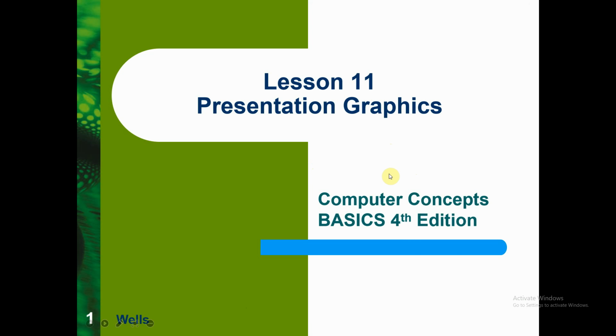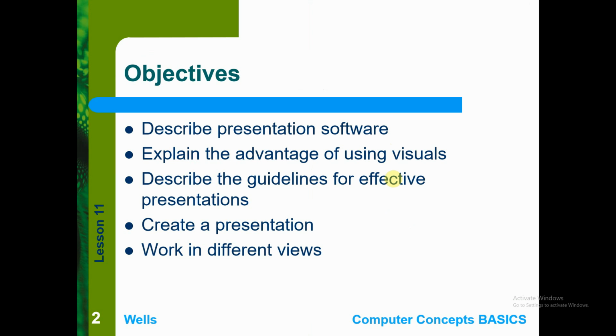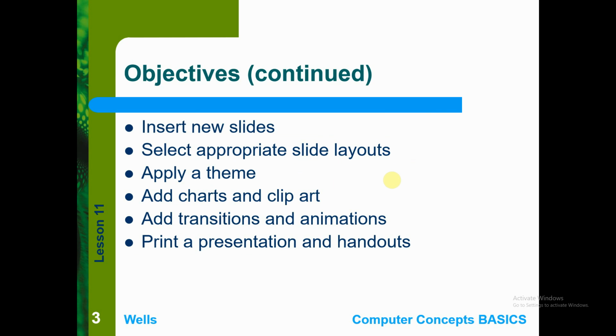So for this topic, our objectives are describing the presentation software, explaining the advantages of using visuals in our presentation, the guidelines for effective presentation, or of course relating the presentation later on, and working in different views.